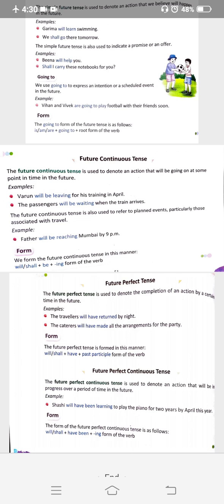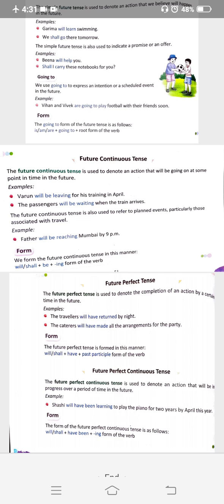Students, next we have the future perfect continuous tense. It is used to denote an action that will be in progress over a period of time in the future. The future perfect tense was all about the completion of an action by a certain time in the future, but the future perfect continuous tense denotes an action in progress over a period of time.